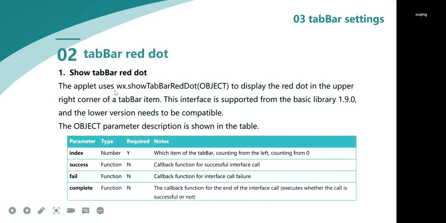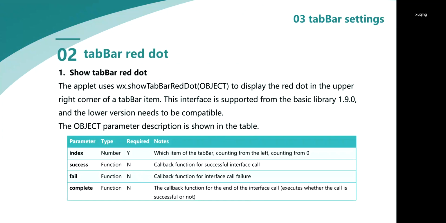And our applet uses WeChat show Tabbar red dot to display the red dot in the upper right corner of a Tabbar item. This interface is supported from the basic library 1.9, and the lower version needs to be compatible. Here we have a description of the object parameter.